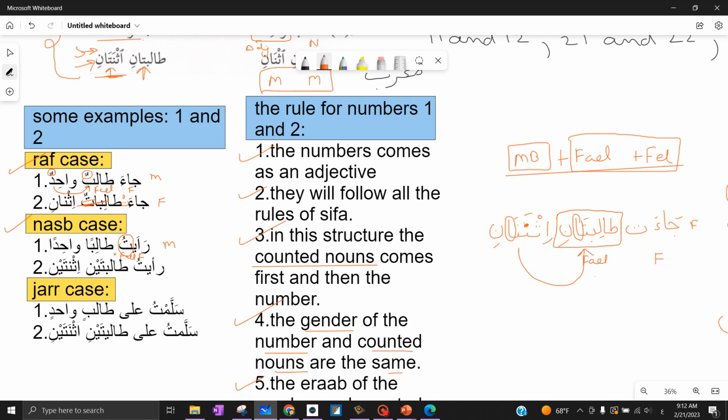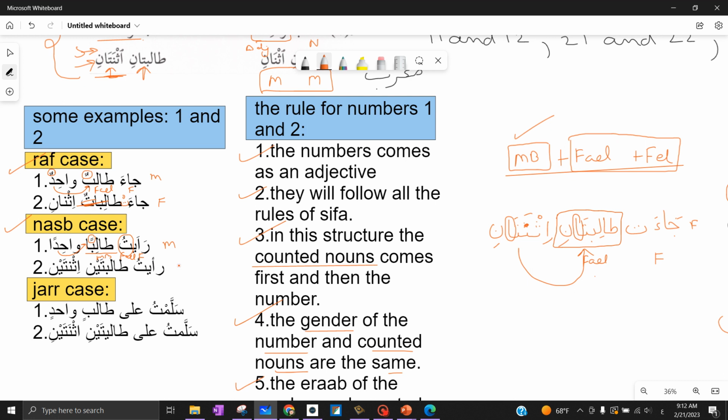What comes after fi'l and fa'il? Maf'ul bihi. If you see according to the formula, talib falls under maf'ul bihi. So that's why fathatain. And what about the number? We know that it is number 1, so it is coming as a sifa following the mawsuf.